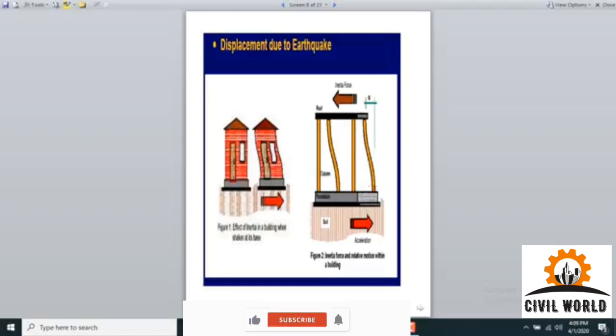The lower part of the column is far away from the upper part of the column, which is going back. So there is some deformation along the axis of the column. If the column is weaker in design or in cross section, it will fail somewhere here. But if the column is strong enough, but its connection with the slab and foundation is weak, then the column joints at the foundation and at the slab level will break. So in both cases there will be collapse of the structure.